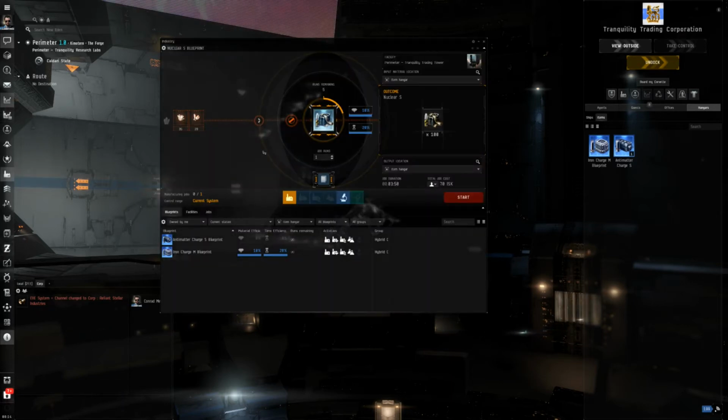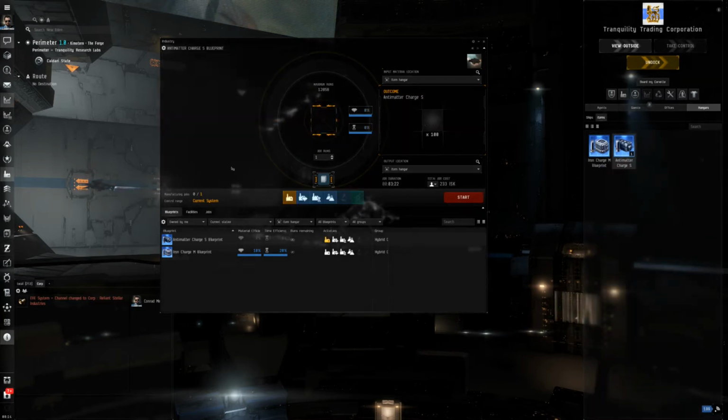There are two ways to improve your blueprint originals, and this is improving its material efficiency and its time efficiency.